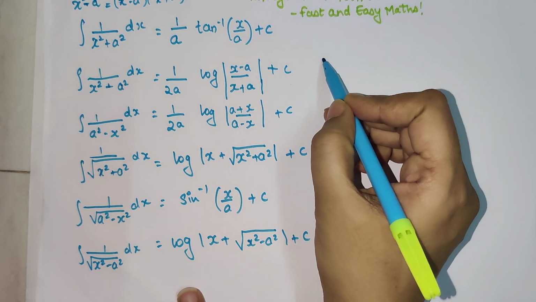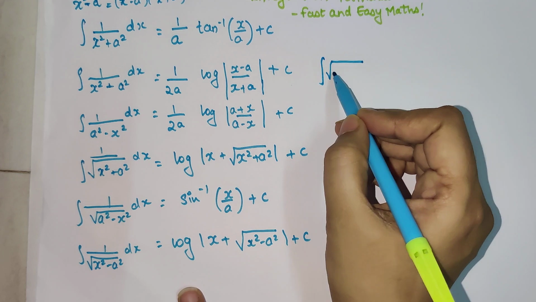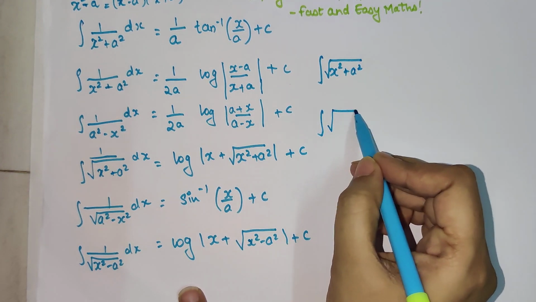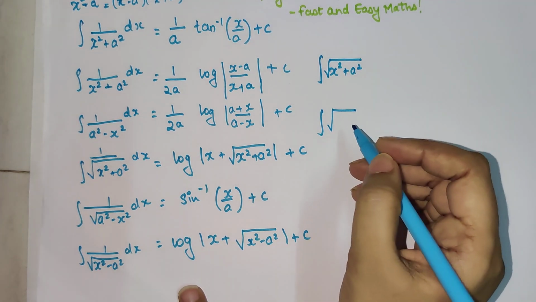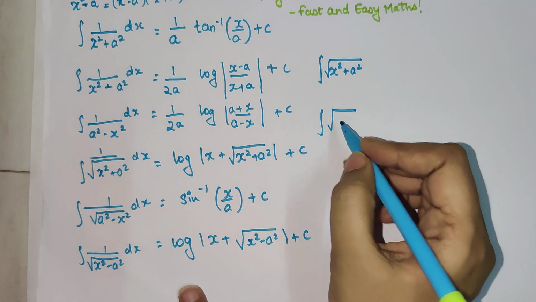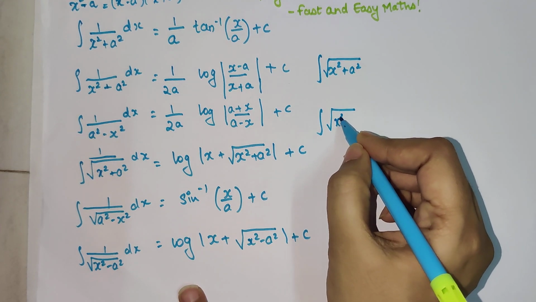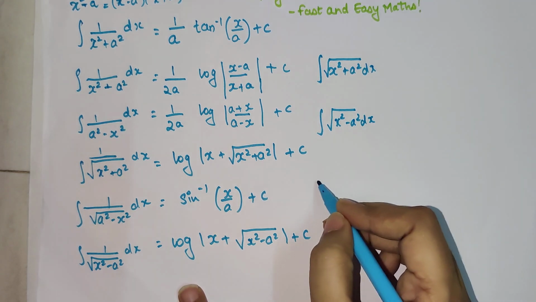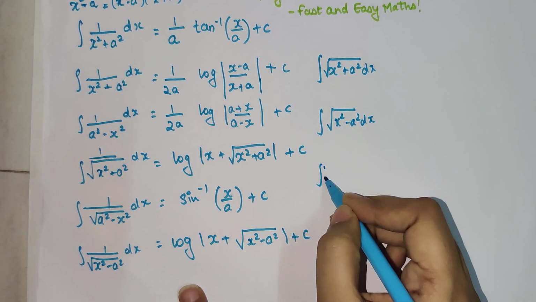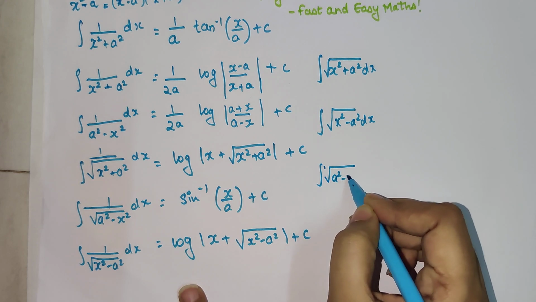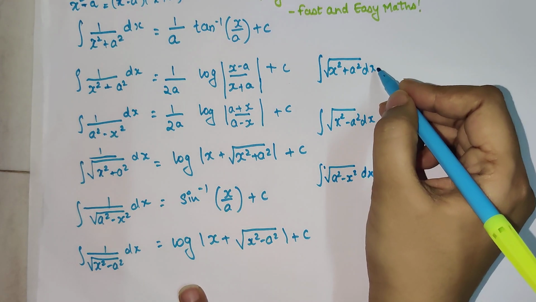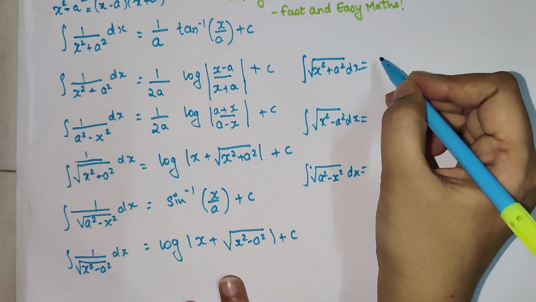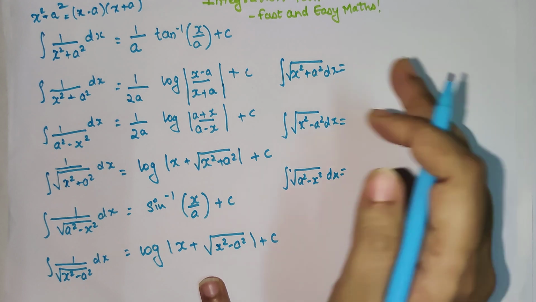So now we are going to do root of x square plus a square, root of x square minus a square, sorry, dx, and integration of root of a square minus x square dx. So now please understand what the values are. This entire formula is very big, but it is very, very simple.